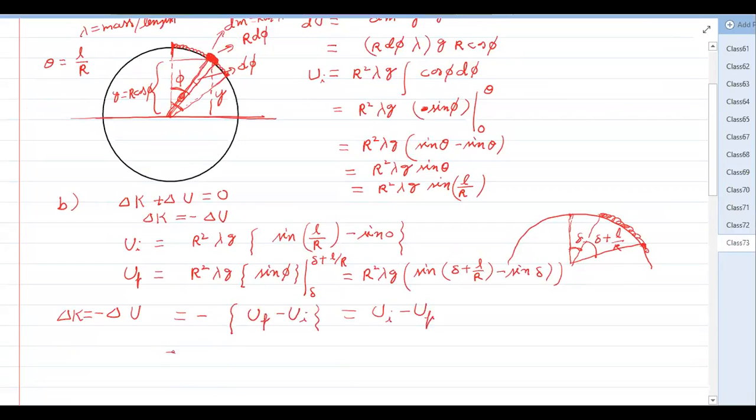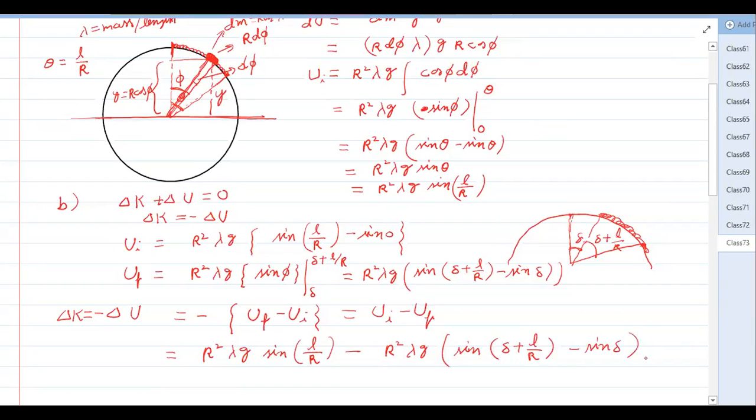If you put this in, U initial is R square lambda G sine L by R, and U final is this quantity, R square lambda G, sine of delta plus L by R minus sine delta.